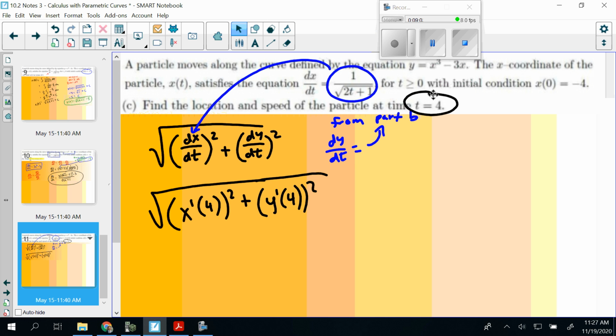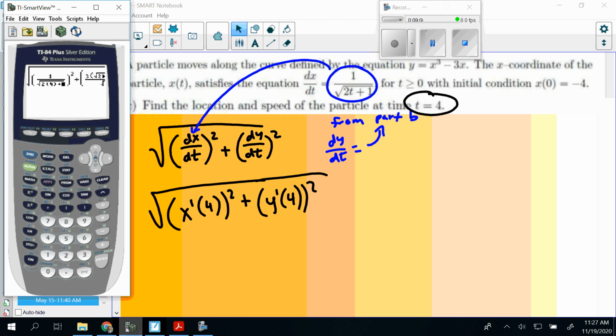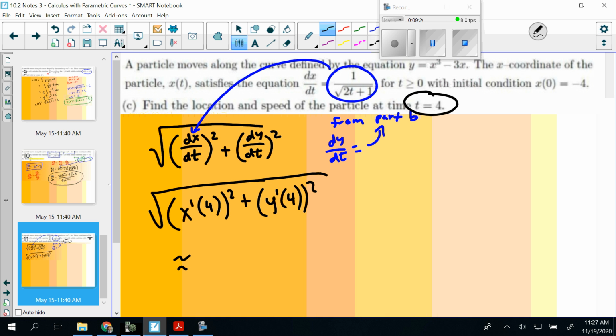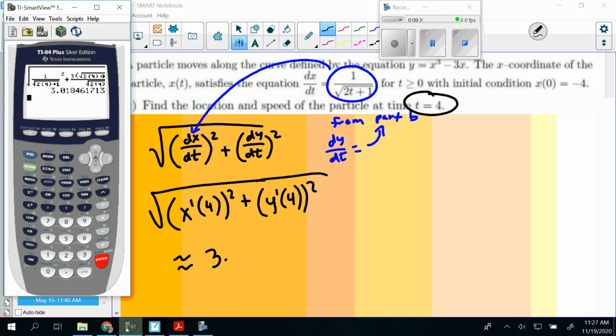All right, so in the calculator here, you can see I've typed in our dx dt, and I've replaced the t with 4, and then here was our part B function we found, and again I replaced it with 4. So if we solve this, it looks like our speed equals about 3.018.